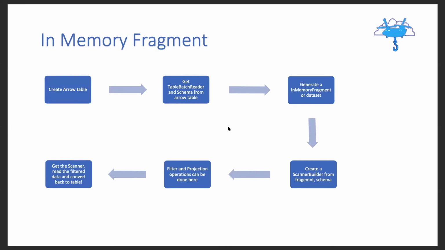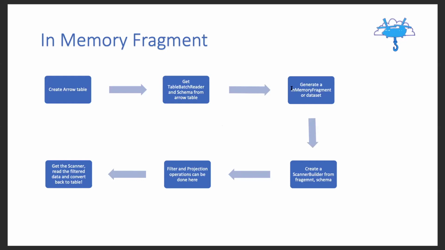So I created a skeleton for the dataset usage. First, I create the Arrow table, and I use the table batch reader and the schema from the Arrow table to generate an in-memory fragment or in-memory dataset.